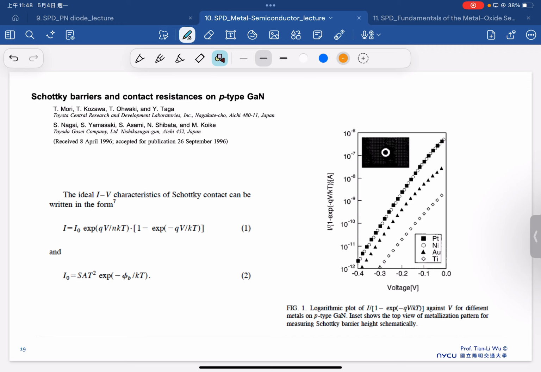On the left-hand side you see the equation, which is very similar to what we have used in the semiconductor textbook, and on the right-hand side is a typical IV characteristic with respect to the different metals, which is used to extrapolate the Schottky barrier height.